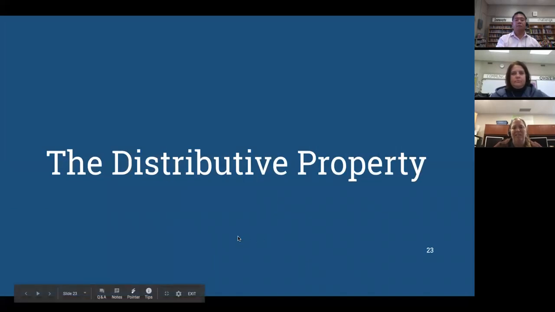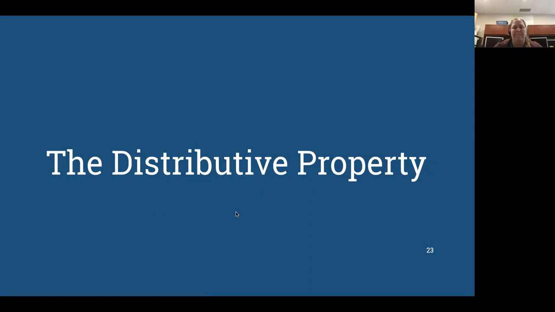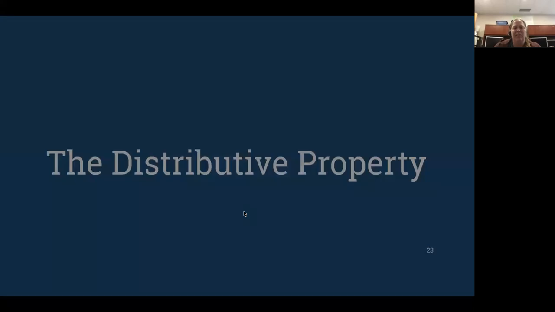And this is an illustration of what we call in mathematics the distributive property. The knowledge that you can break up a factor, multiply out those two pieces, and then add them back together is the foundation of the distributive property.